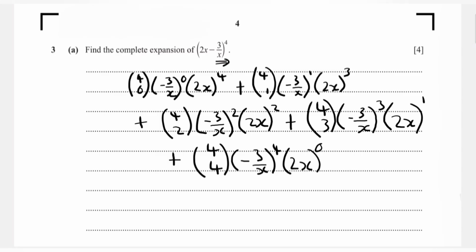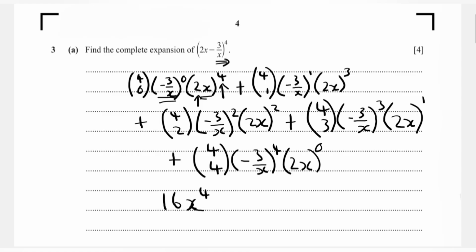So for the first one, it's our 4 choose 0. Then for this, which is to the power 0, we know anything to the power 0 is 1. So that's like 4 choose 0 times 1 being multiplied by 2 to the power 4, right? Then we get our 16x to the power 4, right? This x is being raised to the power 4, and the 2 is being raised to the power 4 as well, right?